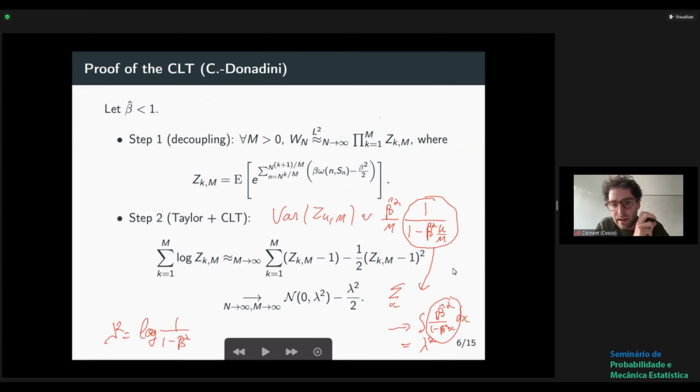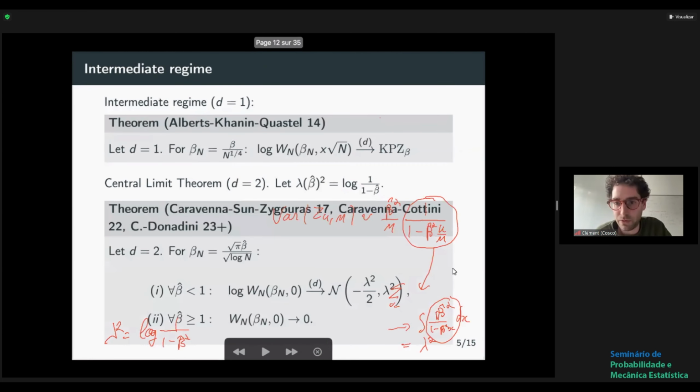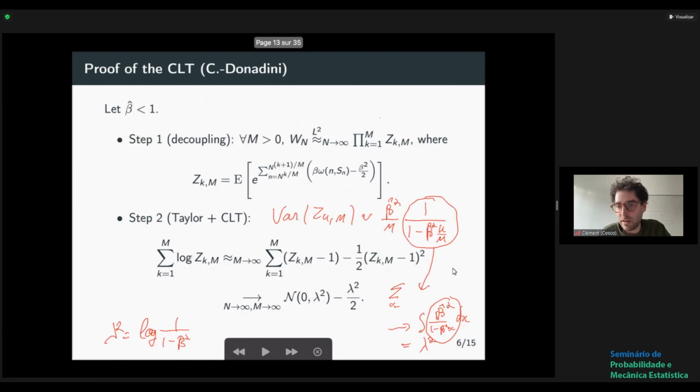For the second paper, the Caravenna-Sun-Zygouras paper, their proof is somehow quite similar, but what they consider is ZKM that are much more complicated. They are chaos that appear in the chaos from the log of Wn, but they should play a similar role to this ZKM.